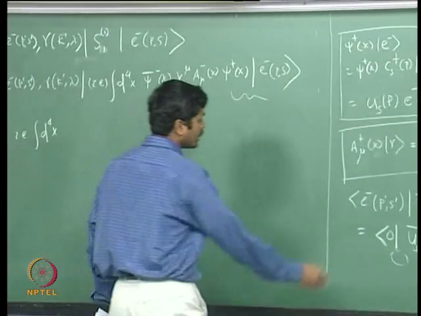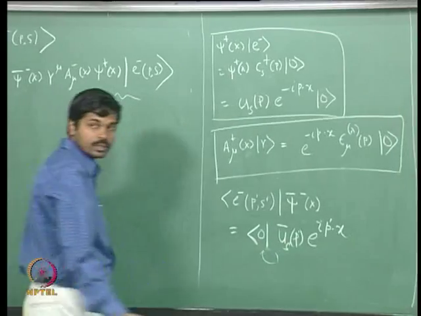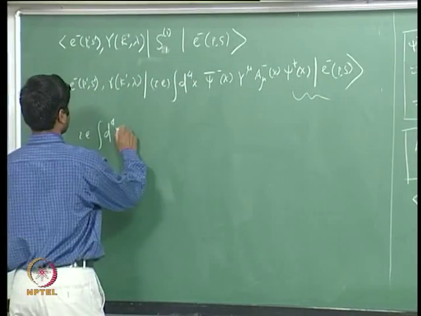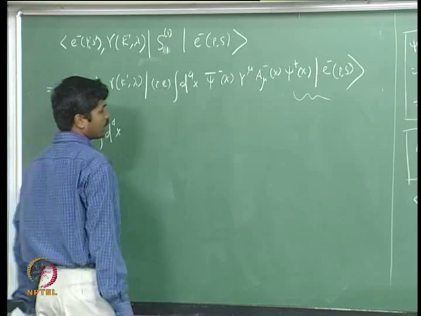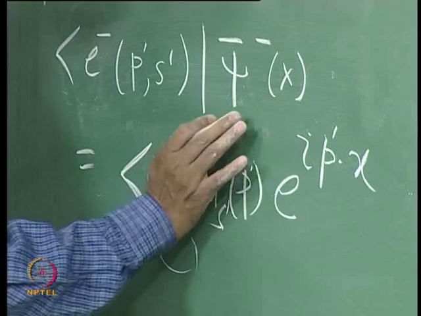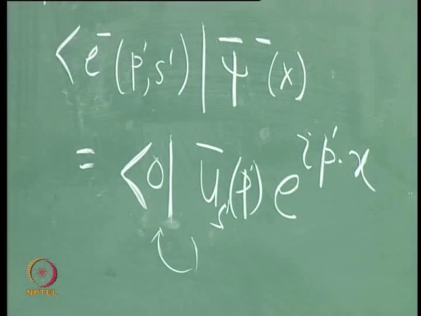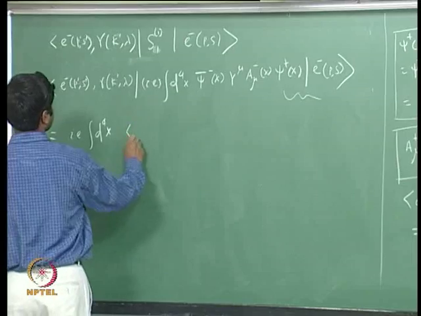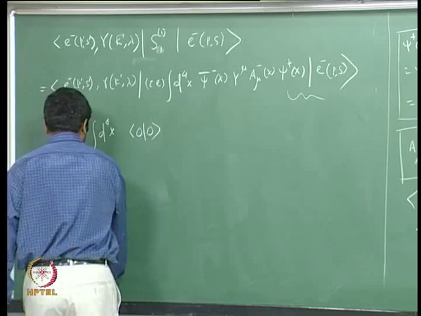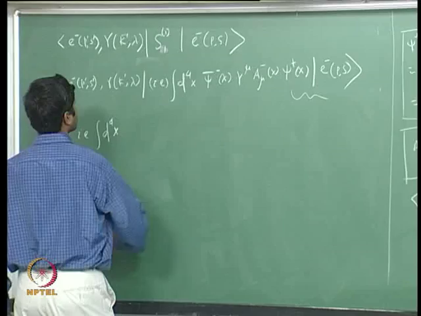So I can just take these things out here. As far as this state is concerned, these are just some multiplicative coefficients. So this is just 0 0, which I will normalize the ground state to be 1.